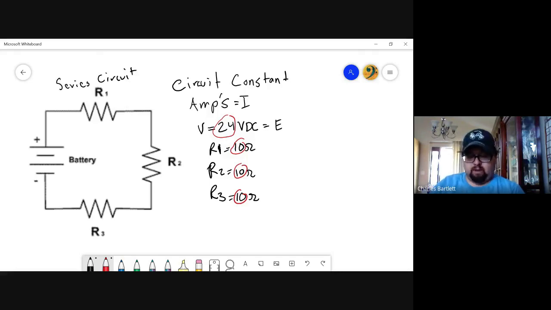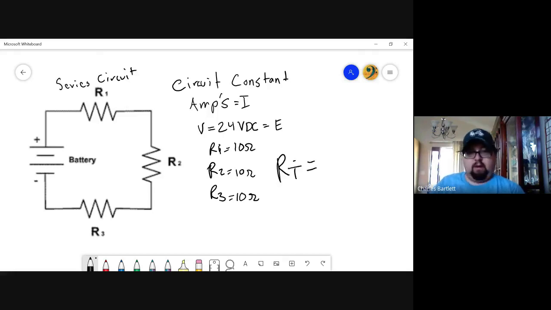Circuit constant amperage is what we're going to try to find. And the way we do that is we need to find RT.